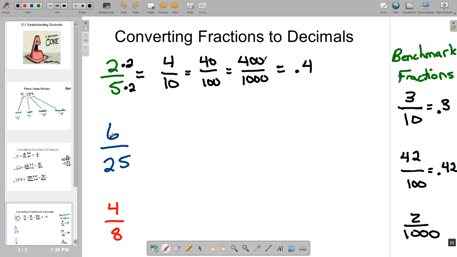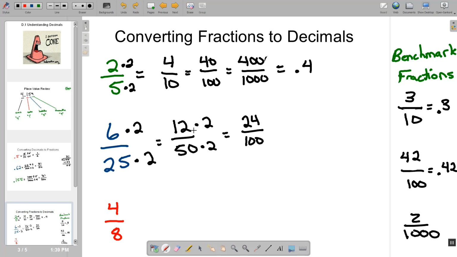So as we move down to the next problem, we have 6/25. Okay, so we have a couple options here. We could multiply each of these by 2, which would give us 12/50. And if I multiplied by 2 again, that would give me 24 hundredths.